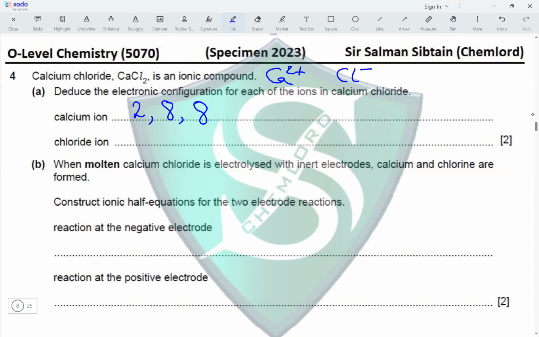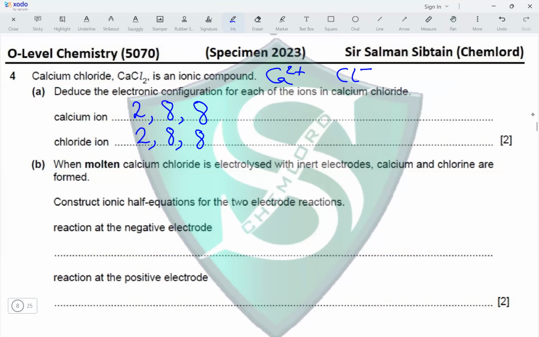Because chlorine belonged to group 7, it had 7 outermost electrons. By gaining an additional electron, it has 8 electrons in its outermost third shell. So the electronic configuration for the chloride ion will also be 2 in the first shell, 8 in the second shell, and 8 electrons in the third shell.